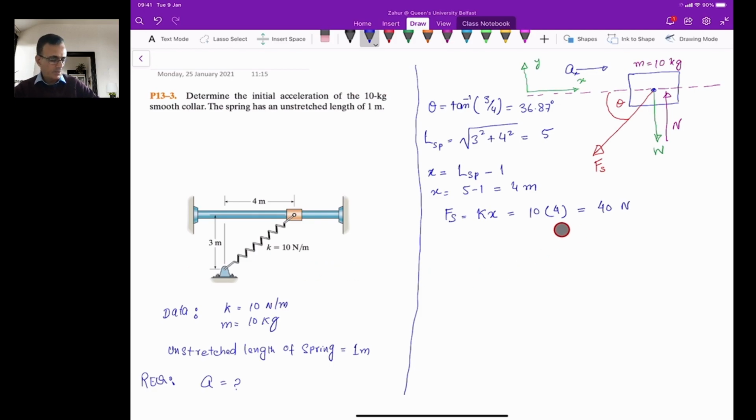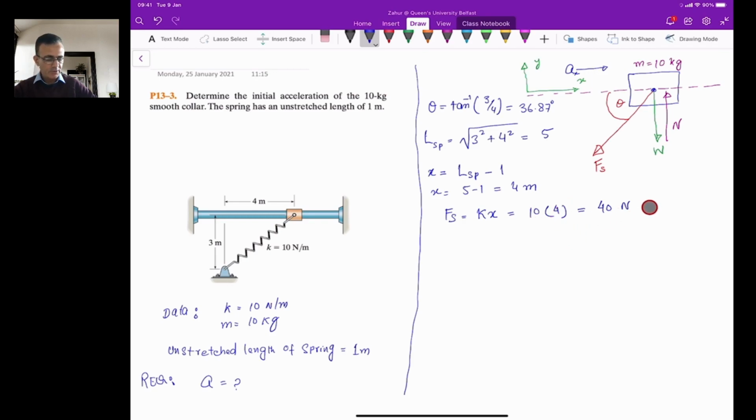In previous years, the students made this mistake: to calculate the spring force, they would just use this 5 here, which is not correct. 5 is not the stretch in the spring. This is just the length of the spring in the current position. You will need to subtract the 1, which is the neutral position or the unstretched length of the spring. So you will have to use this 4 here.